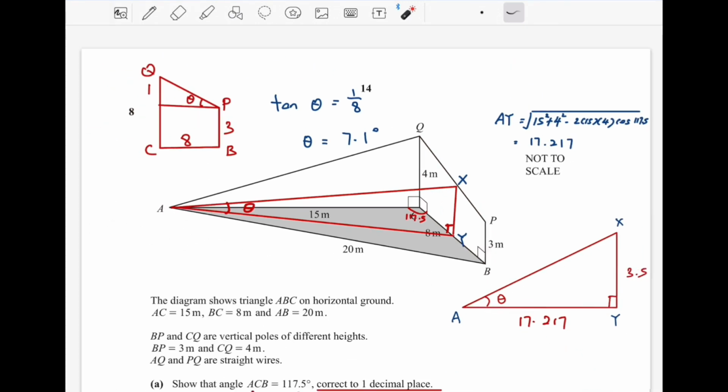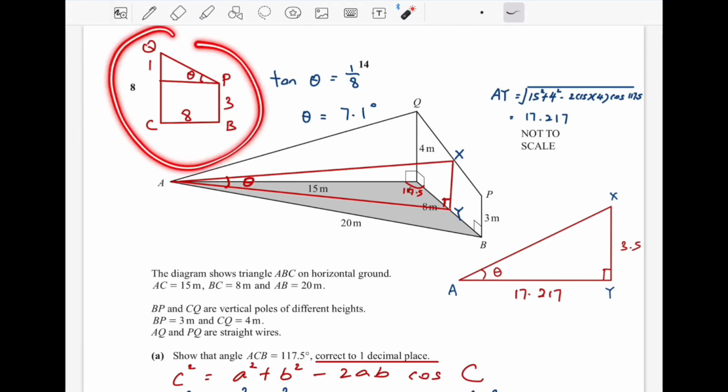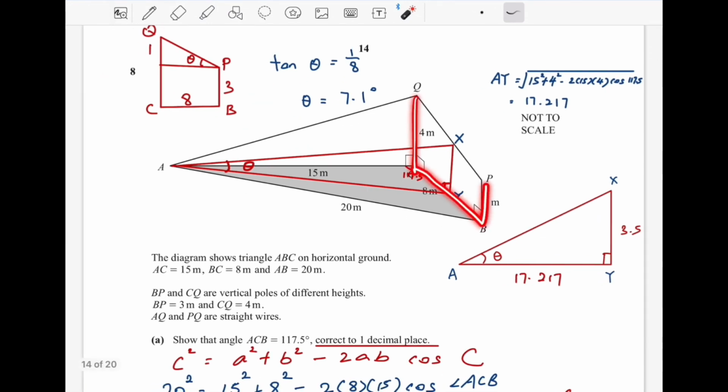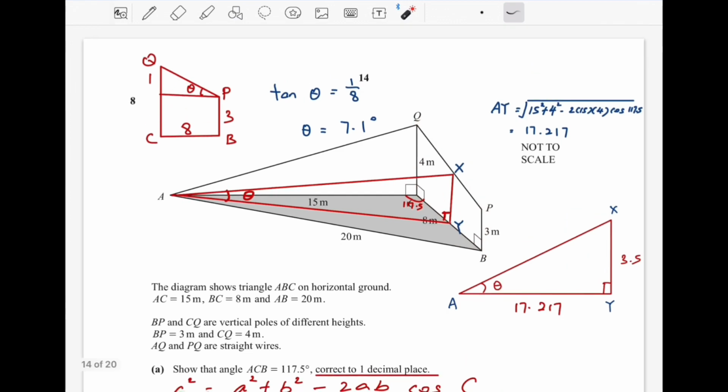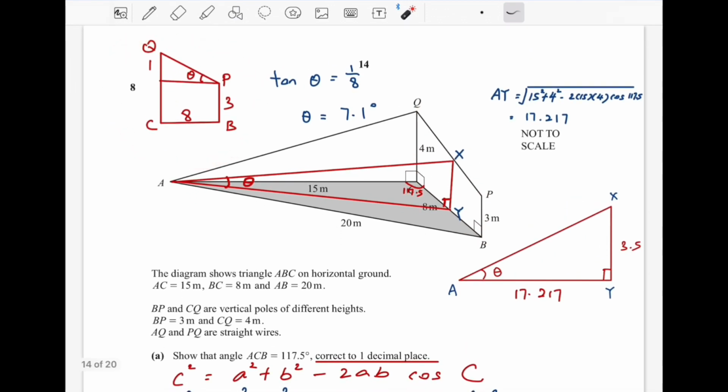So if we are going to reimagine how this is going to be a trapezium, it is going to be something like this. Okay, this part will be the same as this part. So this is still 8 meter, 3 meter, 4 meter, 3 meter, 4 meter, right? If this is 4, then this will be 3 and 1, right? Okay, so 3, 1, 3.